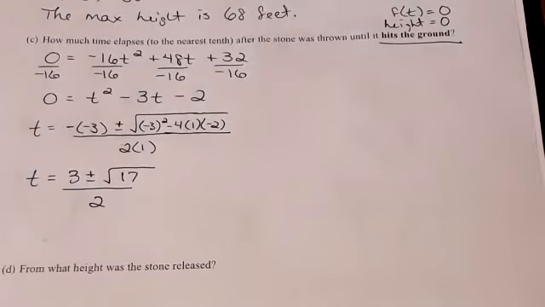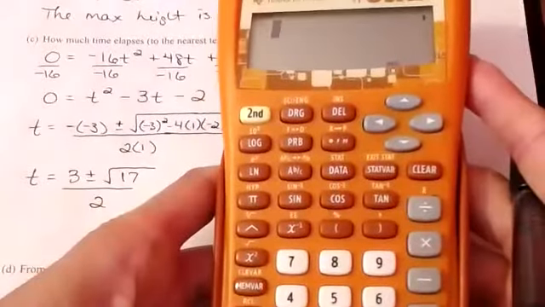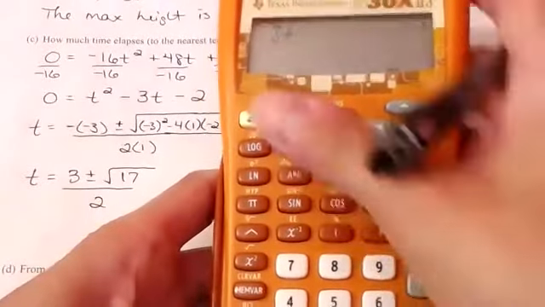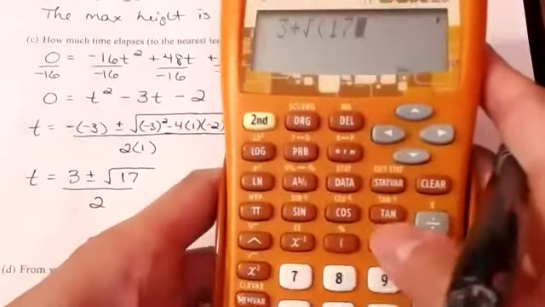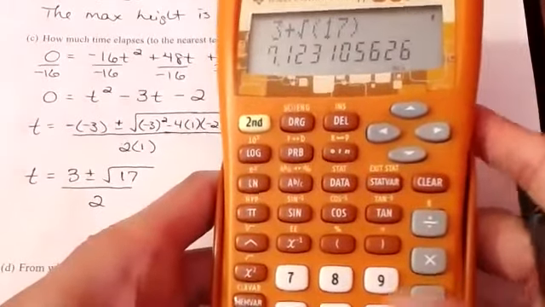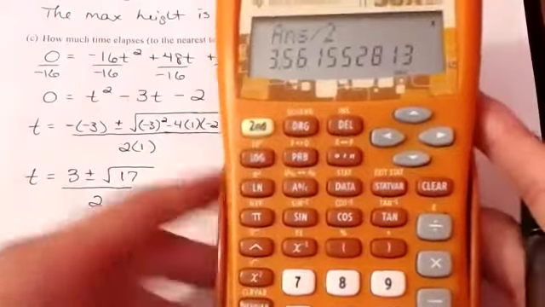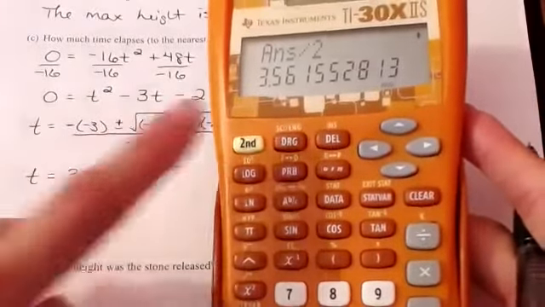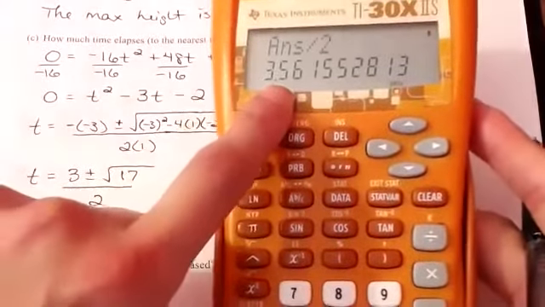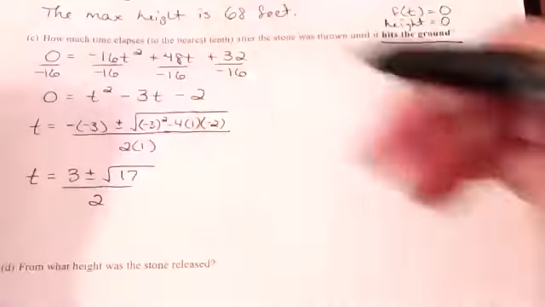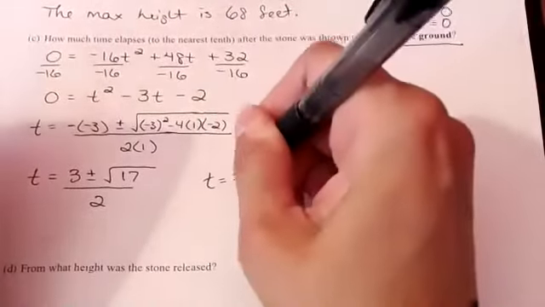And notice it says to the nearest tenth. So I would literally take my calculator and start with 3 plus the square root of 17, and then divide that by 2. So my first solution is that my time is 3.6 seconds. So I'm going to write t is equal to 3.6.